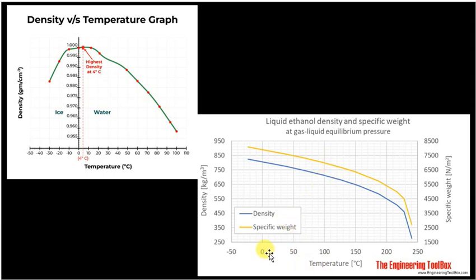As the temperature gets higher and higher, as we move to the right, from 0 to 50 to 100 to 150 and so on, you notice that the density starts to go down, because the molecules of ethanol are moving faster and faster, and thus they want to spread out. The more the molecules are spread out, the lower the density is.